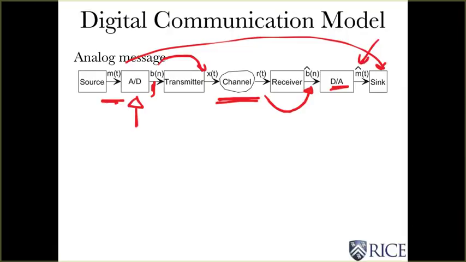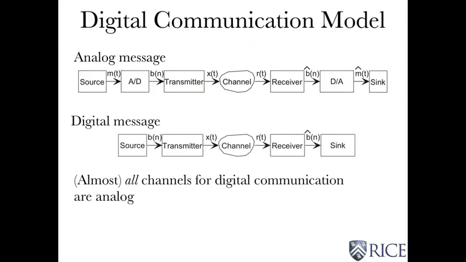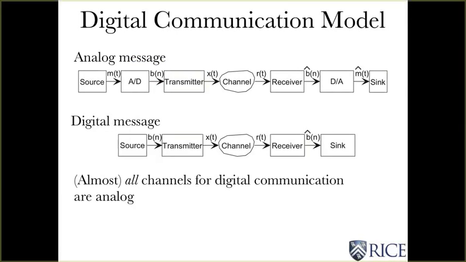So it's a complicated sequence of events here, much more so than the analog case, but there are some real advantages and some disadvantages, and we're going to talk about those as we go through. There are also situations in which the message is inherently digital, a sequence of bits. What I'm thinking about here is text. Text is automatically a sequence of bits.